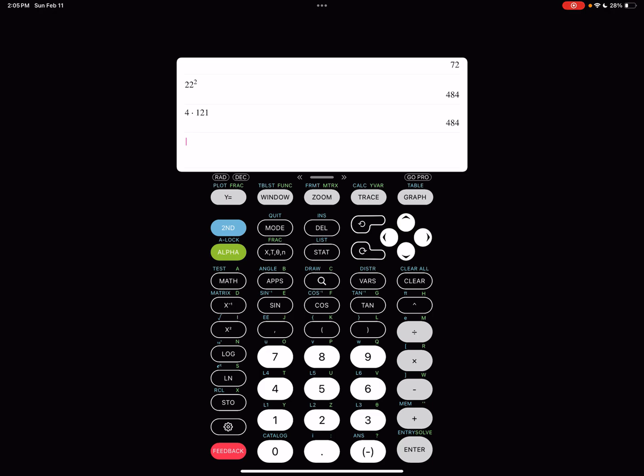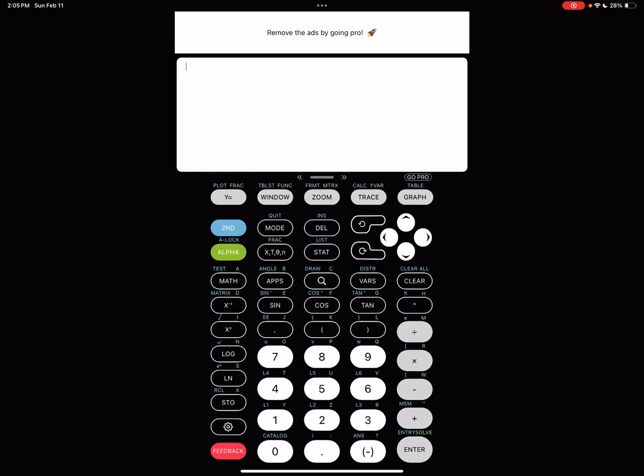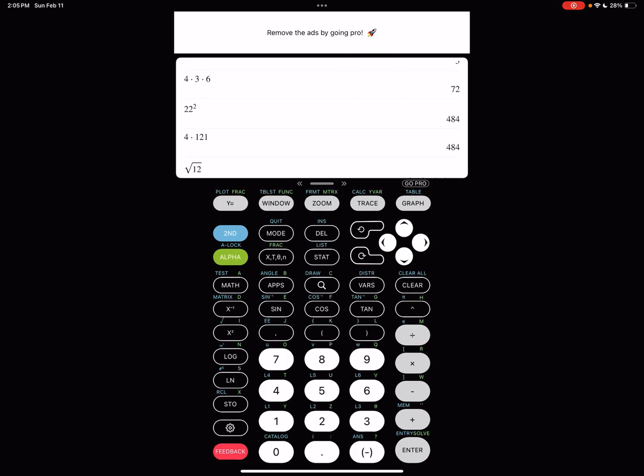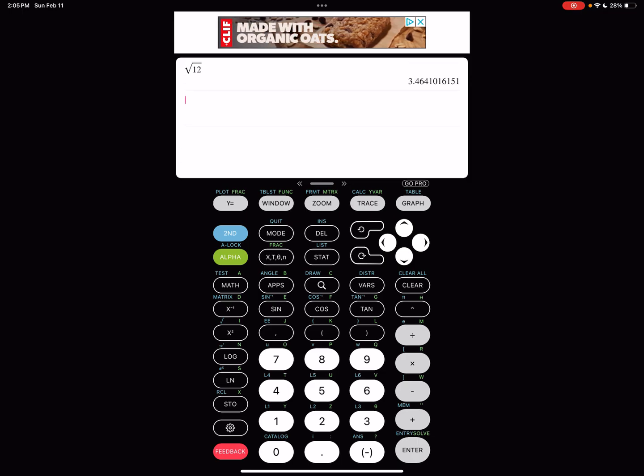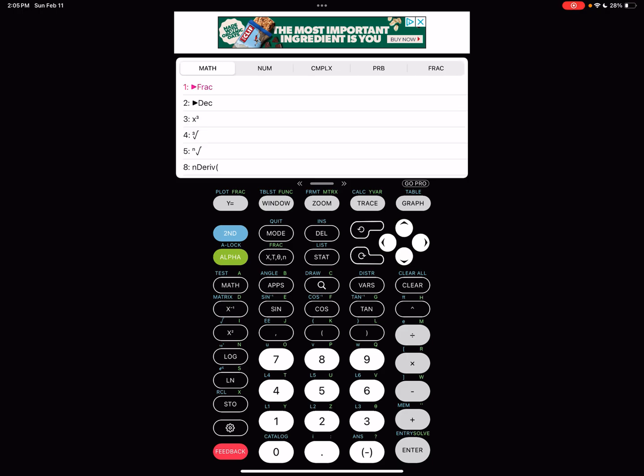So here's my TI. If I've got an irrational number, something like the square root of 12, when I type that in, I get this decimal, 3.46410, etc. Now that to me looks like a non-terminating, non-repeating decimal, but just to verify, I can select math on that left-hand side, enter.